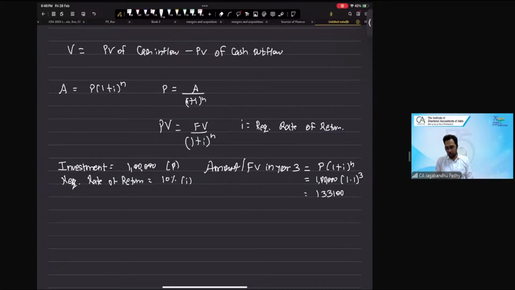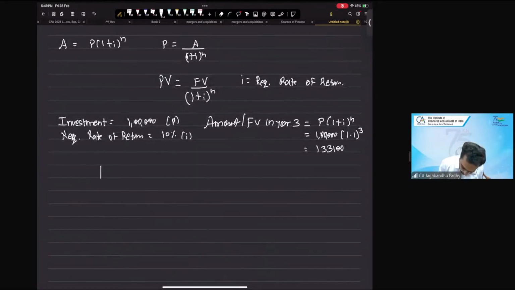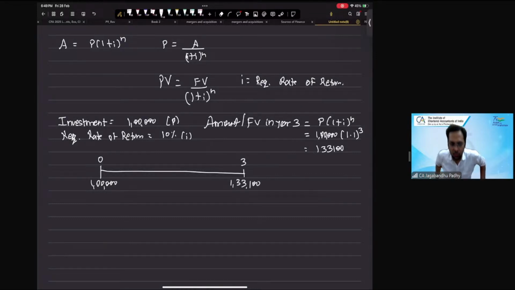The future value in year 3 will be 1,33,100. Correct, guys? So if 1 lakh is my investment in year 0, what's the value of my investment in year 3? It's 1,33,100.